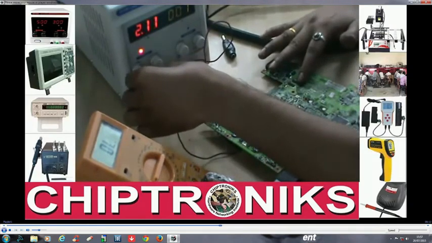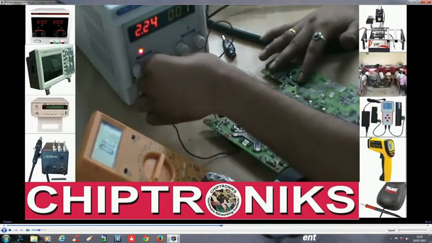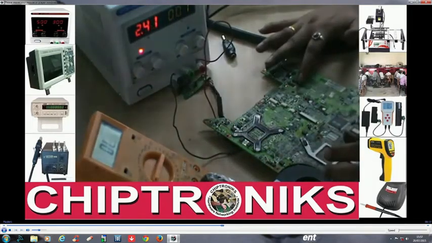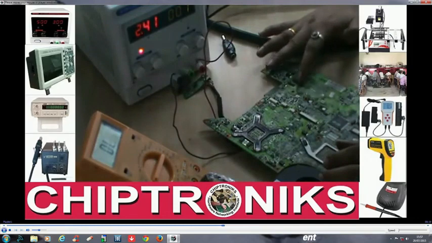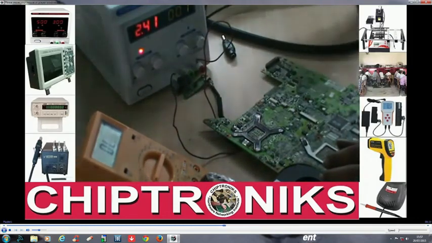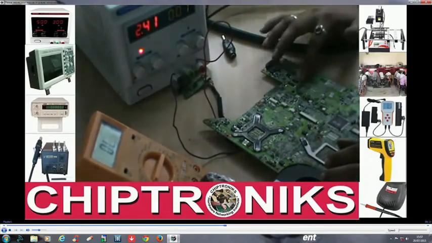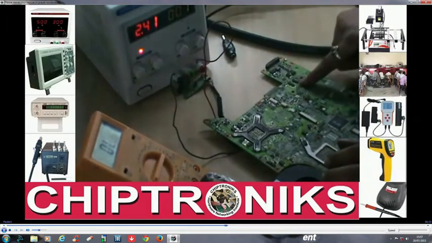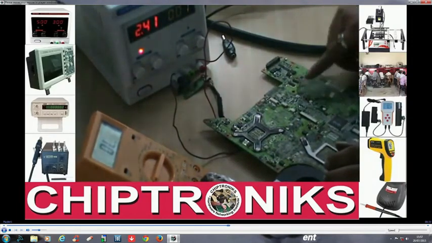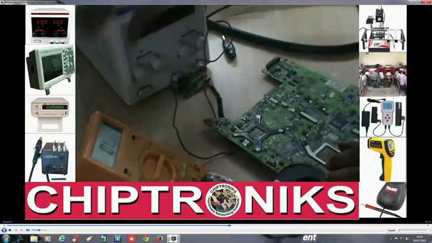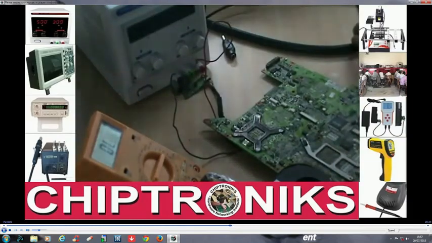Yes. Here this capacitor generates heat. Now I'll remove this capacitor first, then after I'll check it again, shorting gone or not.